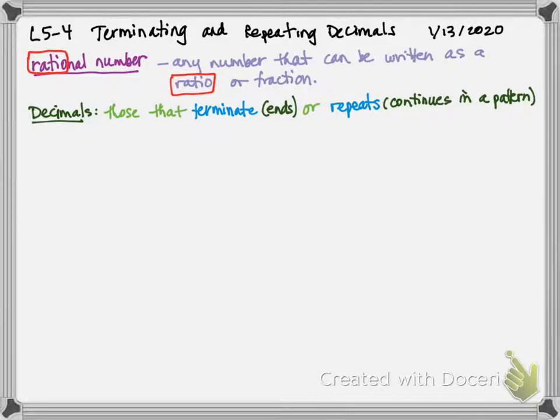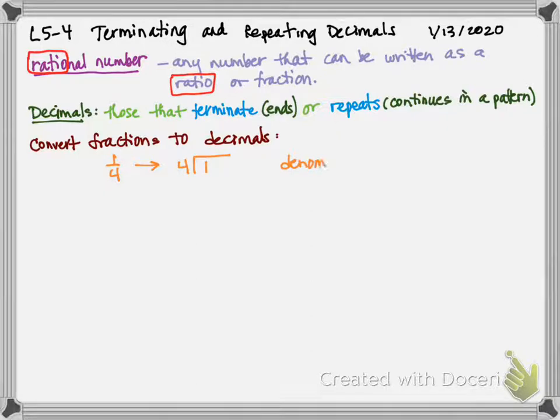So we're going to remind ourselves how we convert fractions to decimals. So if you didn't pick it up then, now you get to. We're going to take an example like 1/4, and then that becomes 4 dividing into 1, or the denominator is your divisor, and your numerator is your dividend.